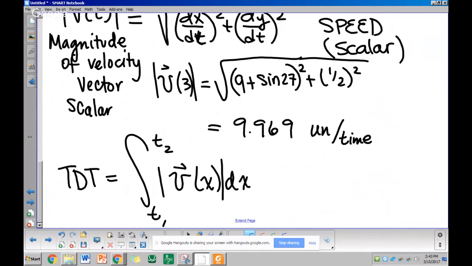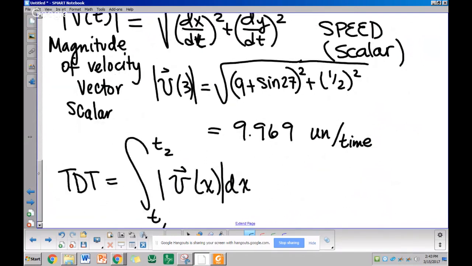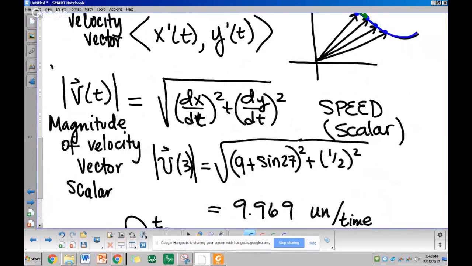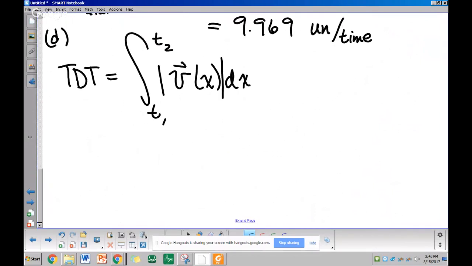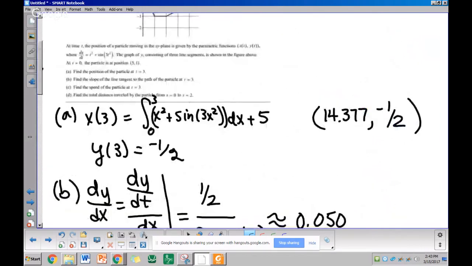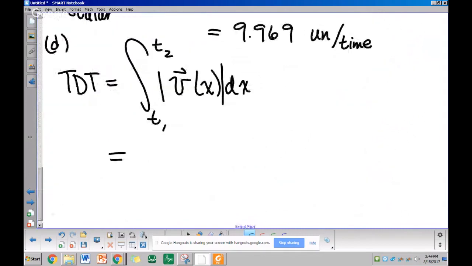So this problem foreshadowed to use vectors and parametrics. So we needed total distance traveled from 0 to 2.